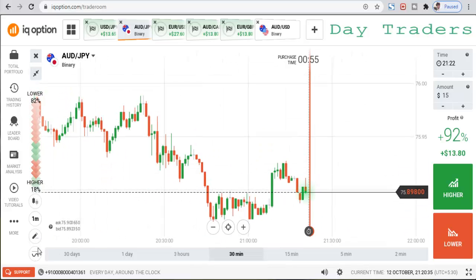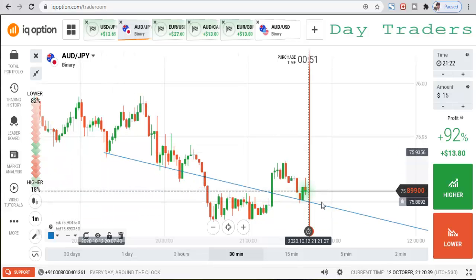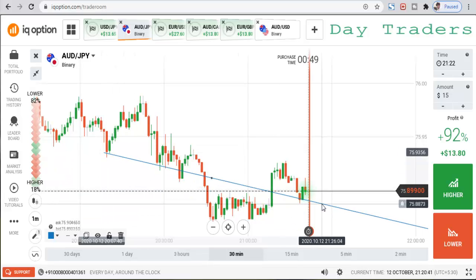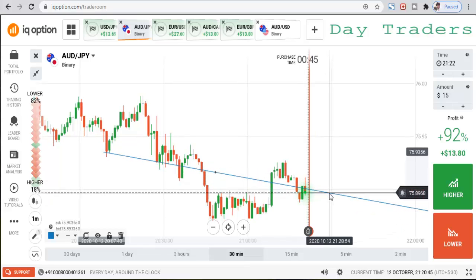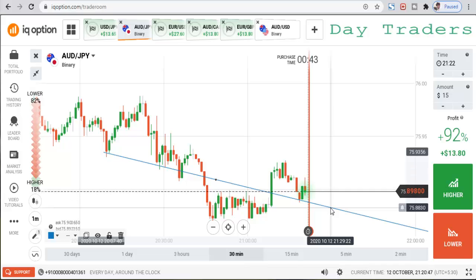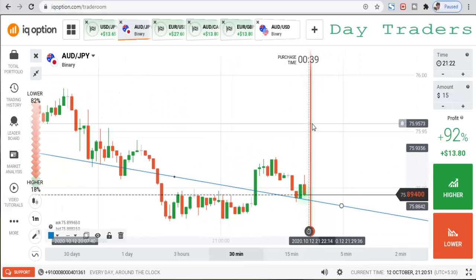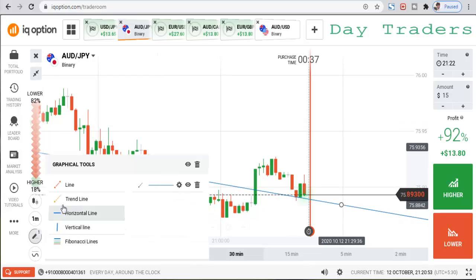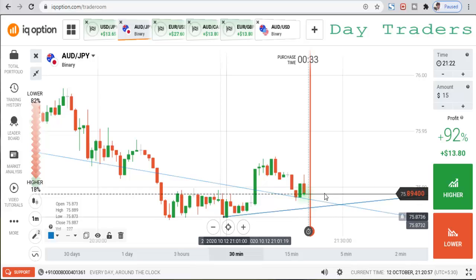Okay, we'll check the very strong reversal point. And this is also a reversal point.